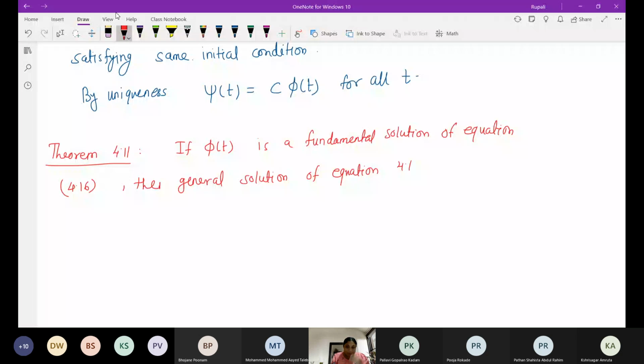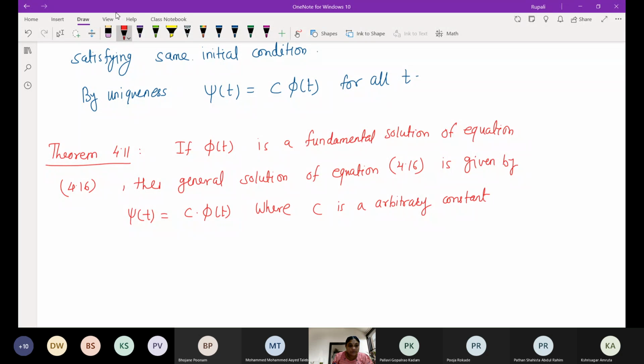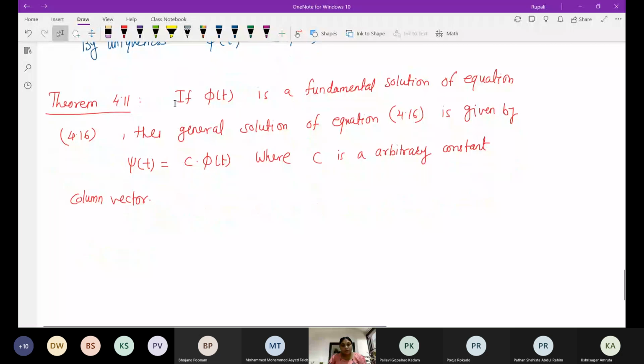Here C is an arbitrary constant column vector. So the proof of this theorem follows from here only.